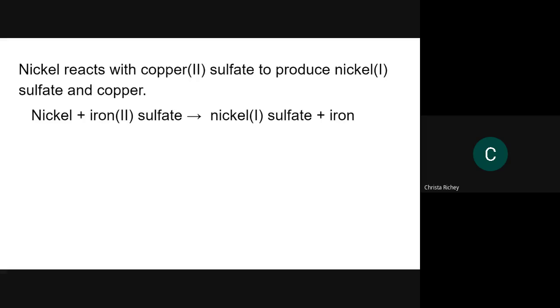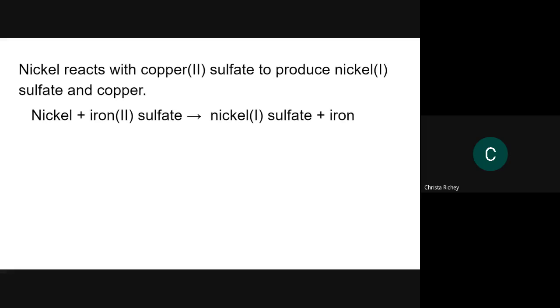All right, so this is very, very similar to something that, if I made the test, I would ask you guys to do for a test question. Your test question would say, nickel reacts with copper 2 sulfate to produce nickel 1 sulfate and copper. And then from there, if you need to, the first step needs to be write it out in words. This was part of that lab. So nickel reacts, reactant.